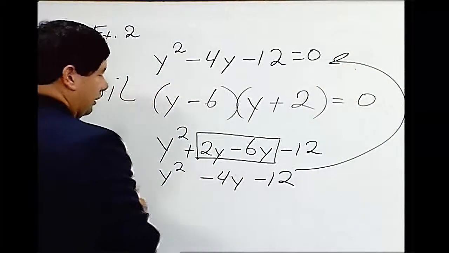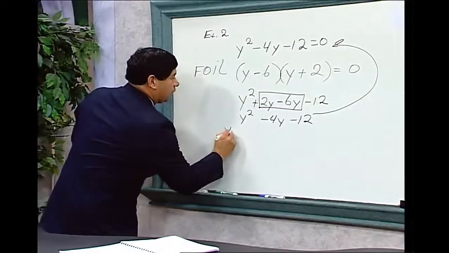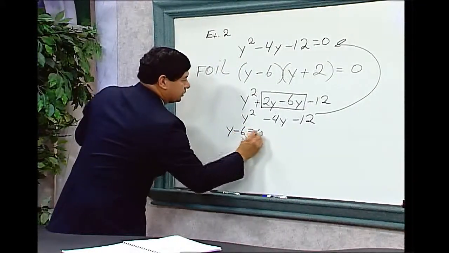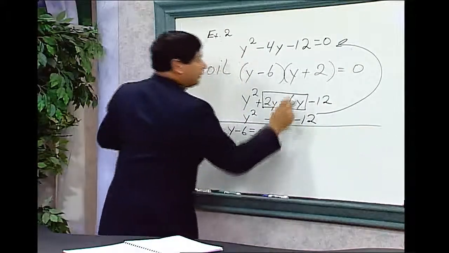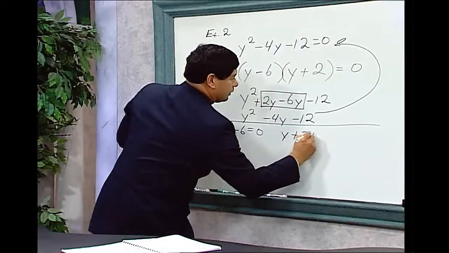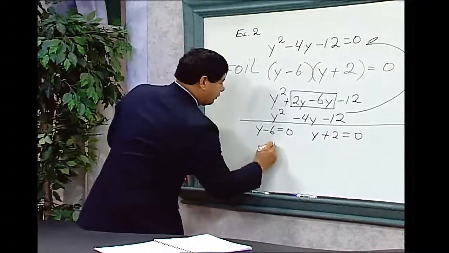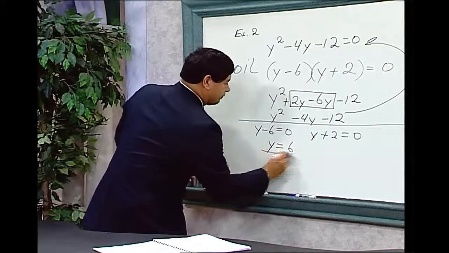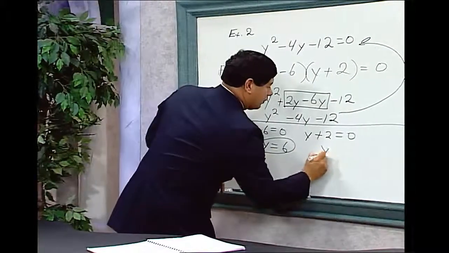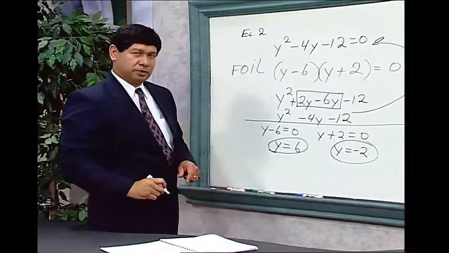That's correct. So we have y minus 6 is equal to 0, and y plus 2 is equal to 0. Isolating our variable, y is equal to 6, y is equal to negative 2. Those are our two terms.